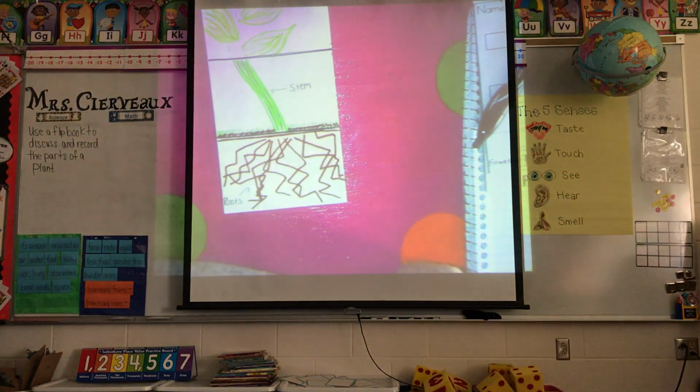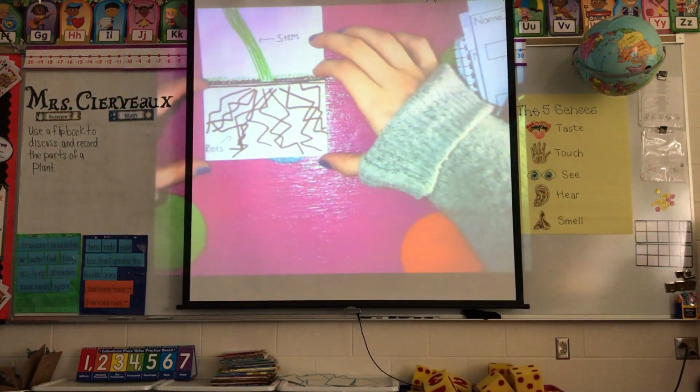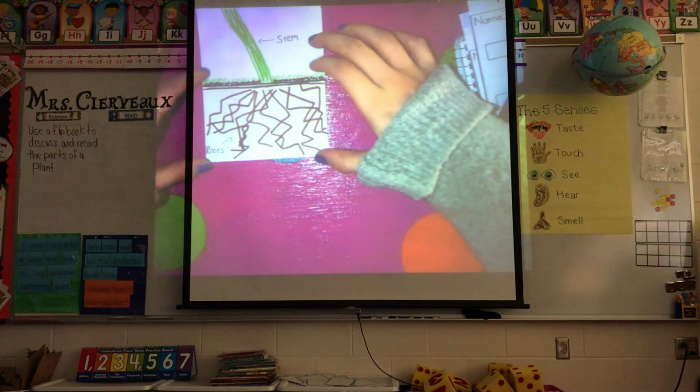And remember, just focus on the very bottom section. So just this little brown section I have of my roots. That's the first part we're gonna draw.